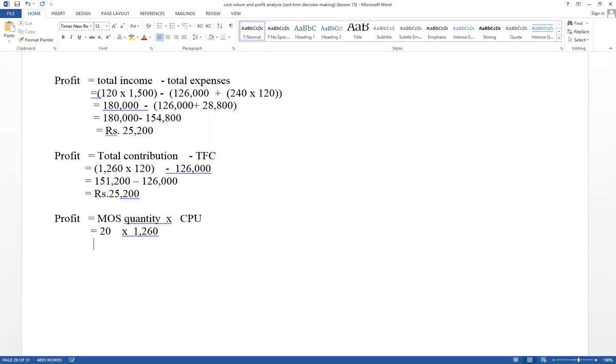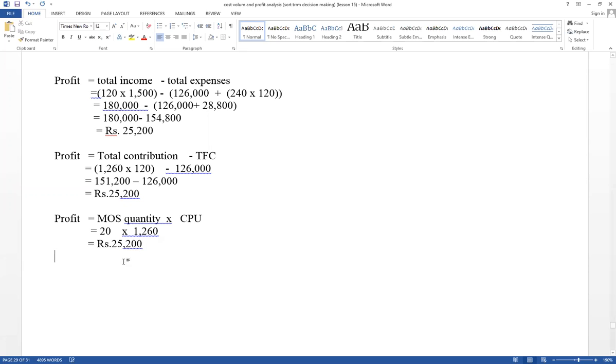If it is correct, same answer. Therefore, contribution per unit into margin of safety quantity. Same answer, rupees 25,200.